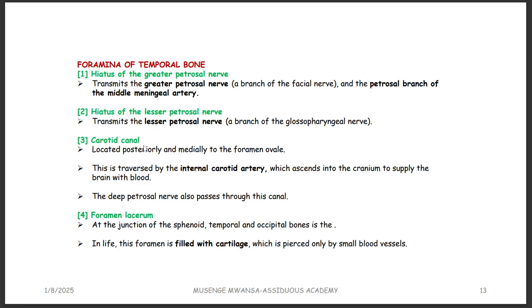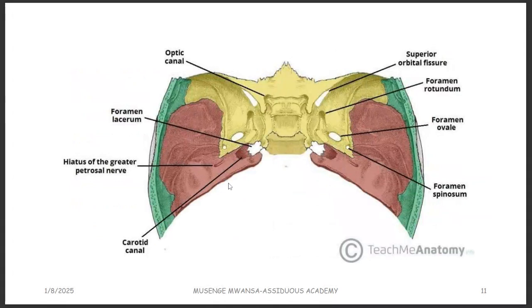There's also the carotid canal. You even saw the carotid canal, this one. Even from the name carotid, let me remind you of your general anatomy that you did. From the heart, you have got the arc of the aorta, from where you're going to have those three main branches.